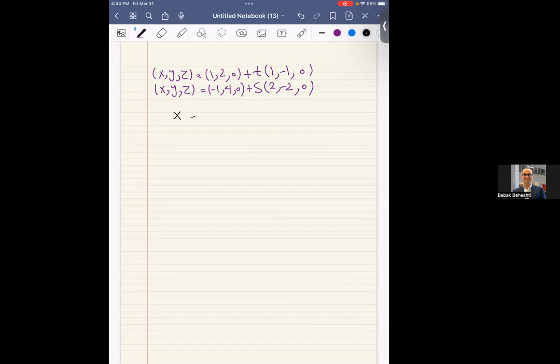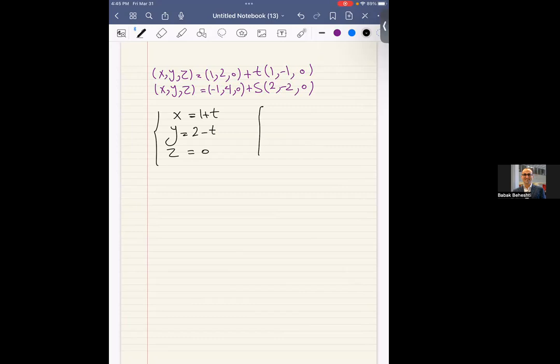For example, the first one, the parametric equation, is x equal to 1 plus t, y equal to 2 minus t, and z equal to 0.